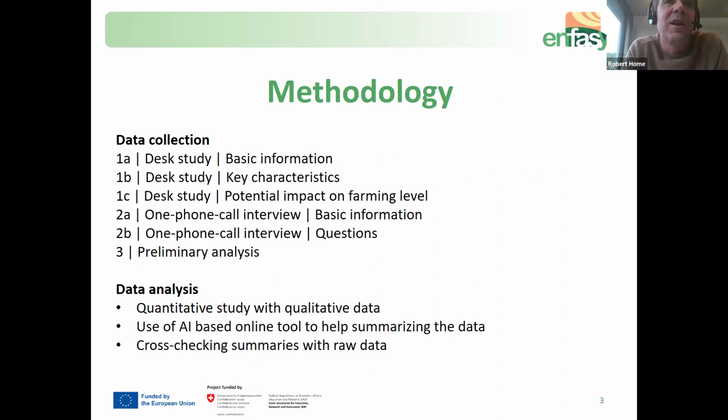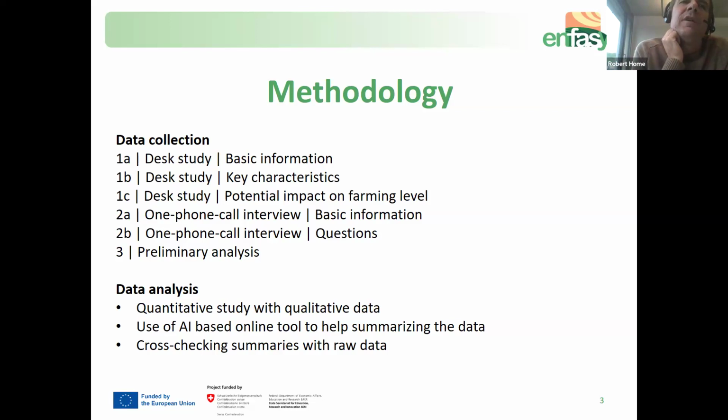The way we went about it for each individual case was a desk study to gather the basic information about it, capture the key characteristics, and also think a little bit about the potential impact at the farming level. And then the primary data collection part was a phone call interview, typically about an hour, to get some basic information and to ask some specific questions related to the project.